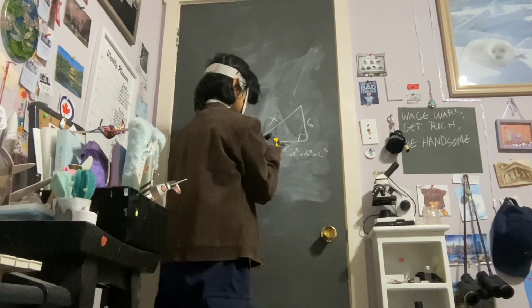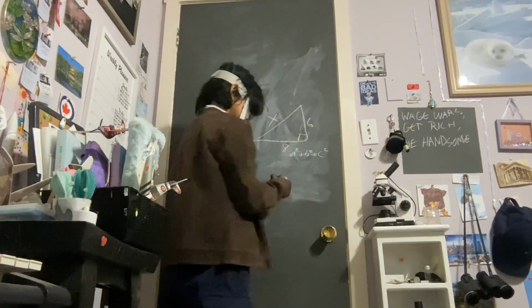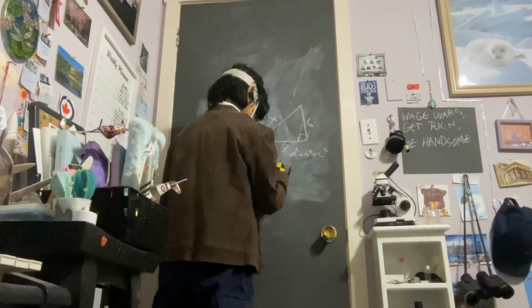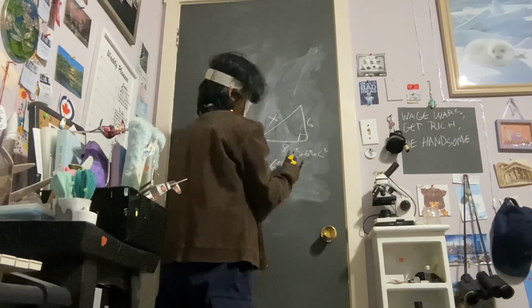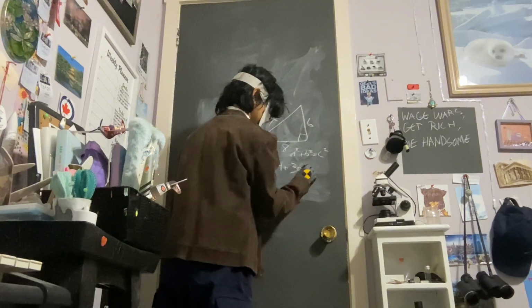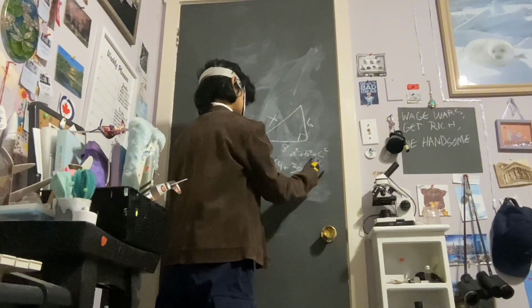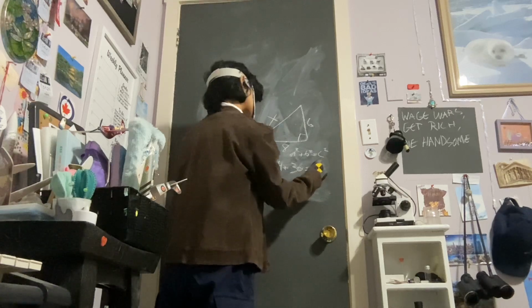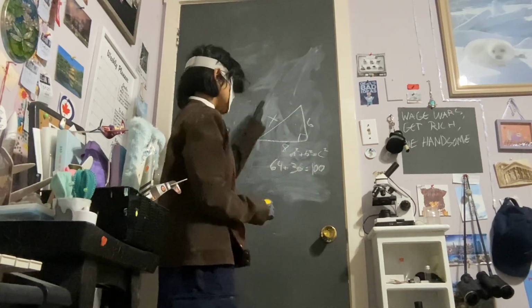So let's say this is A. 8 squared is 64. So 64 plus 6 squared, which is 36, equals, so now let's do the math. 100. Yeah, that's 100. So this isn't the side length.